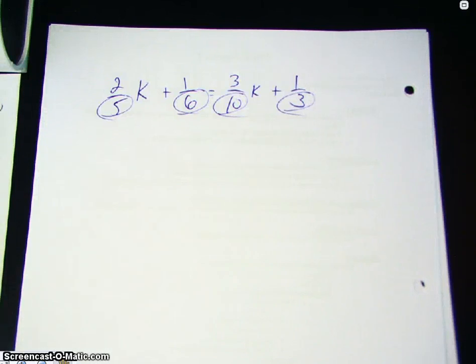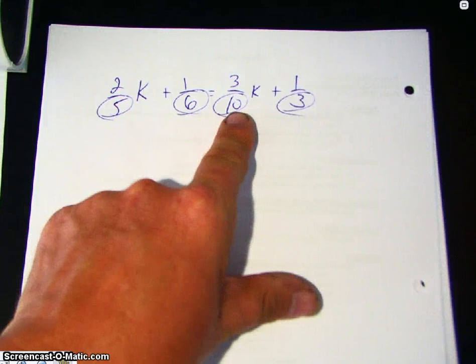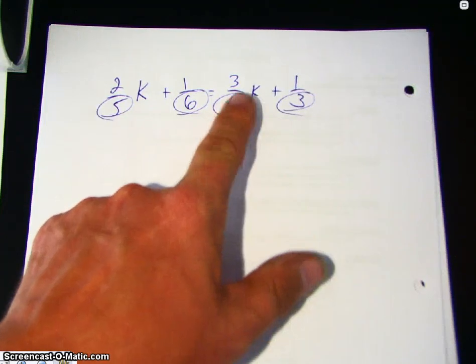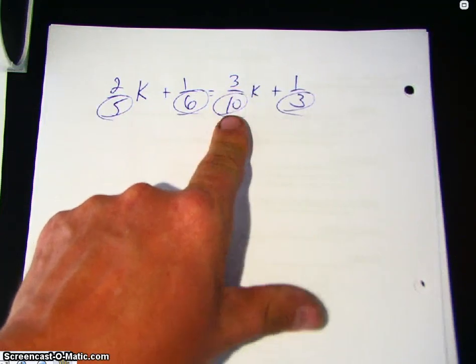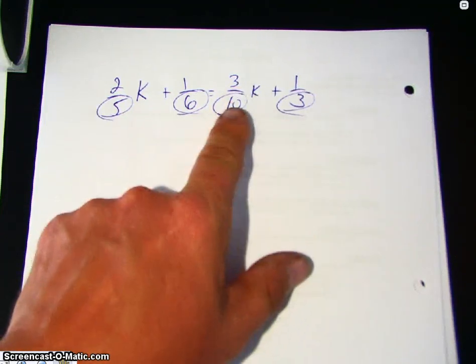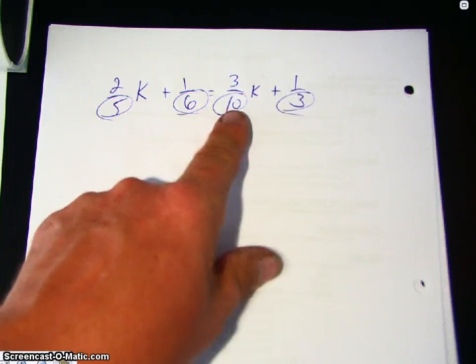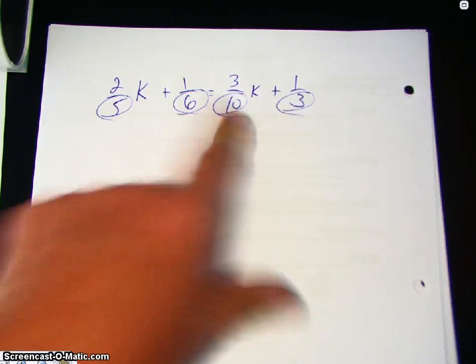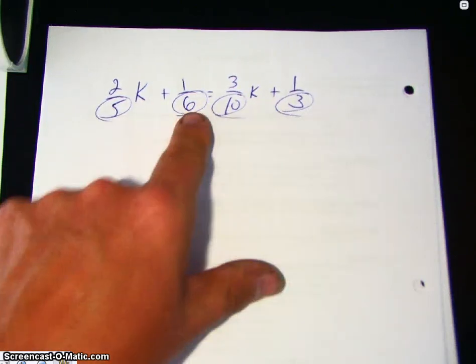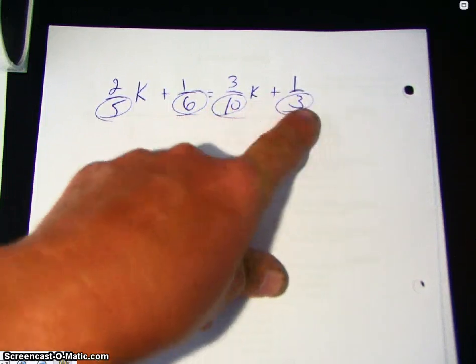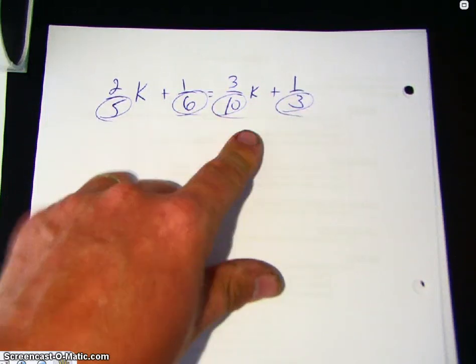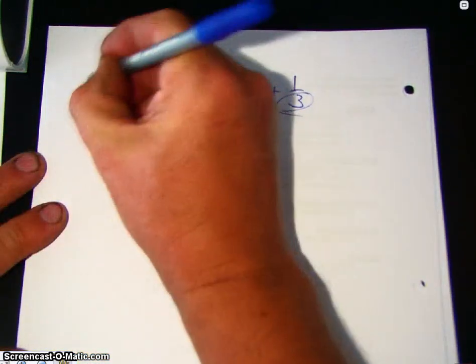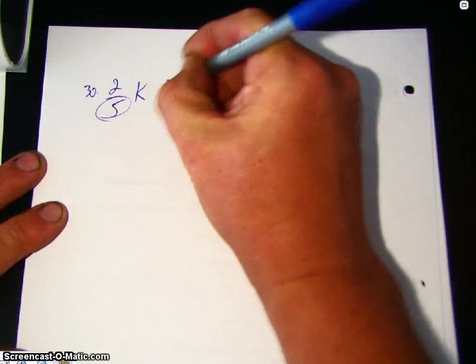This tells me it has to be a multiple of 10: 10, 20, 30, 40, 50, 60. If I do 20, 5 works, but 3 doesn't, and 6 doesn't. So let's do 30. 3 goes into 30, 6 goes into 30, so 30 would be my best choice.